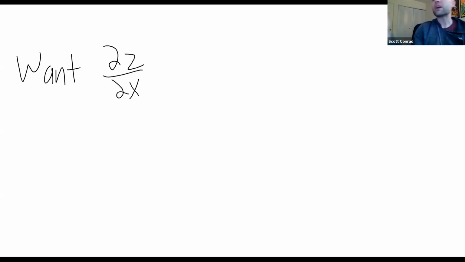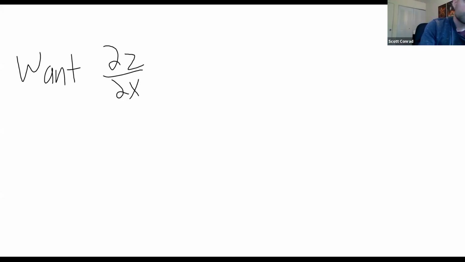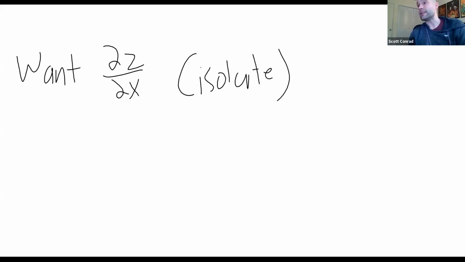We want to figure out the partial of z with respect to x. And so we saw last time, we have the partial of z with respect to x. We basically just want to get that by itself now. So we're going to get dz dx by itself.